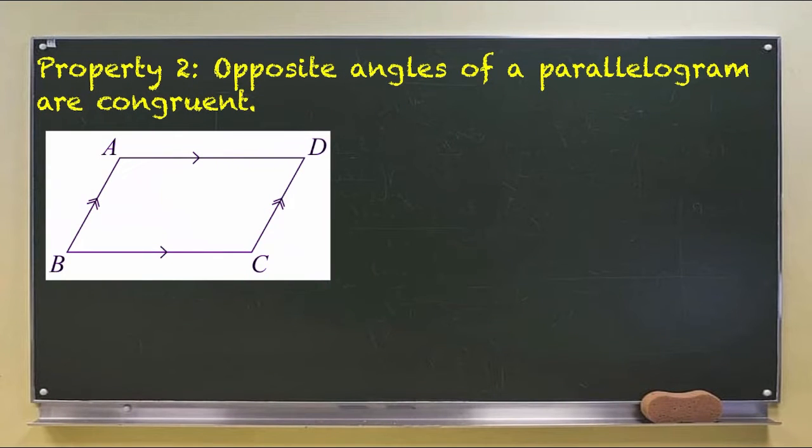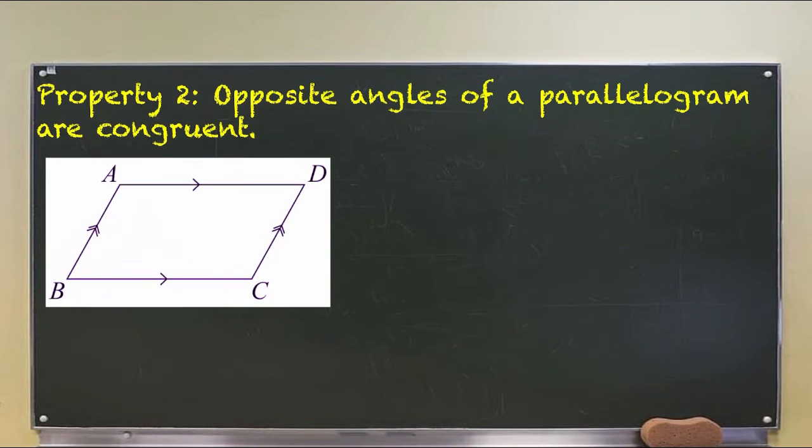Property 2, opposite angles of a parallelogram are congruent. So, ano-ano ba ang mga opposite sides na opposite angles na ito? Let's look at this example closely. So, we have here parallelogram ADCB.